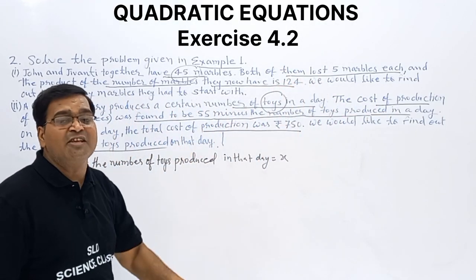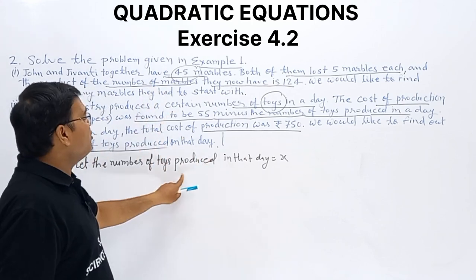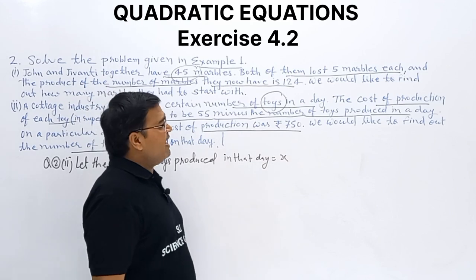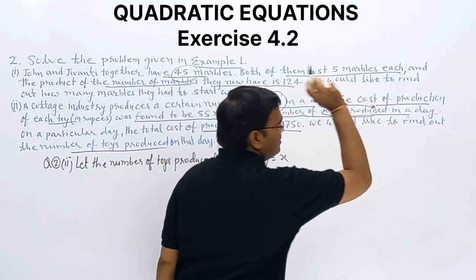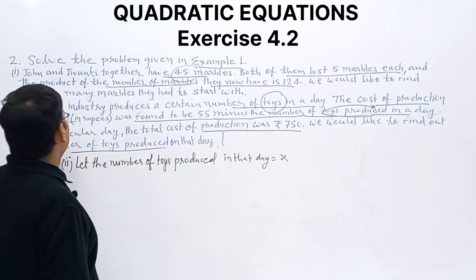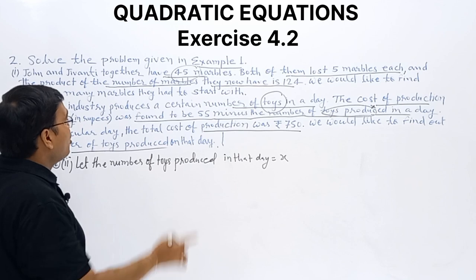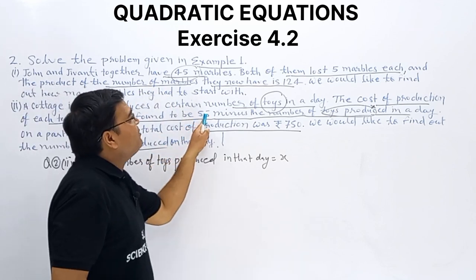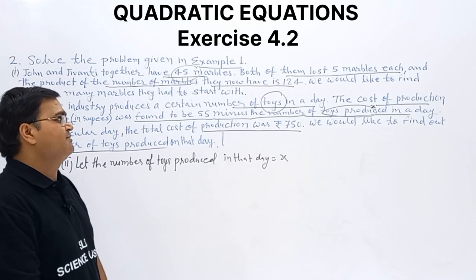How many toys are produced in a particular day? We assumed it: let the number of toys produced in a day be X. Again, read it: the cost of production of each toy was found to be 55 minus X.